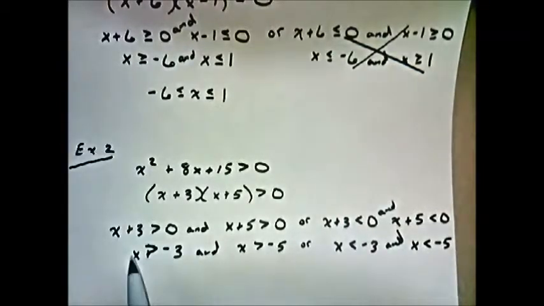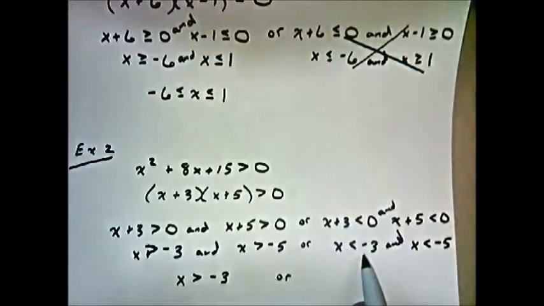So let's take a second to look at those two solutions. If x is greater than negative 3 and x is greater than negative 5, we would simply have x is greater than negative 3, since negative 4 would not work for this part since we have an AND statement.